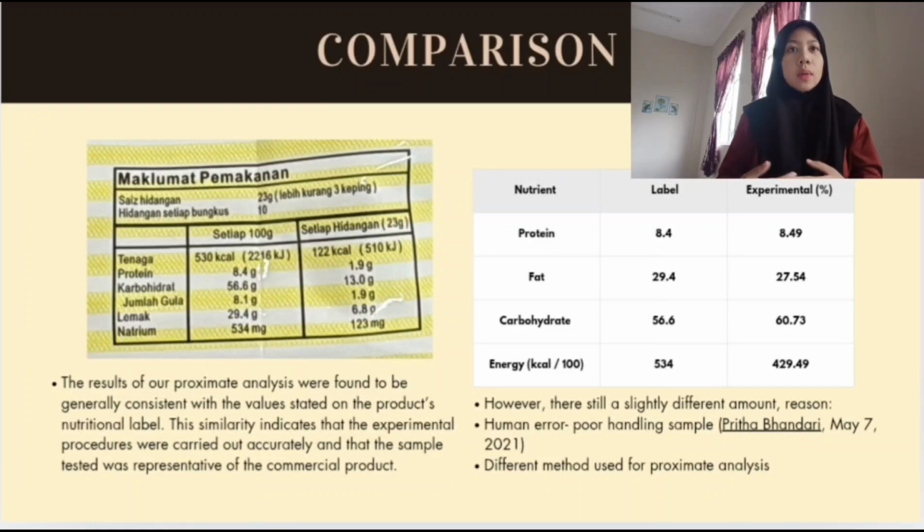However, there were some slight differences in the values. This might be caused by human error, such as poor sample handling or because of different methods used for proximate analysis. For example, as mentioned by Pritika Bhandari in 2021, minor handling issues can lead to variation in result.